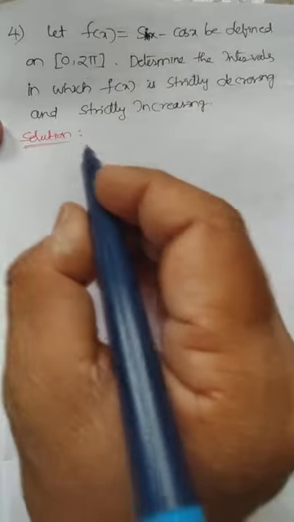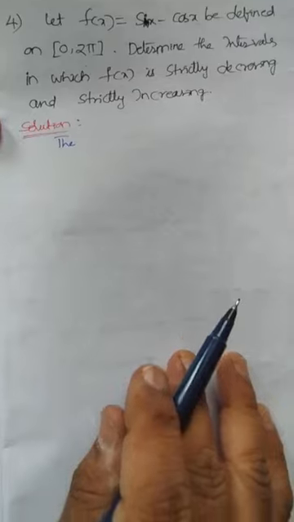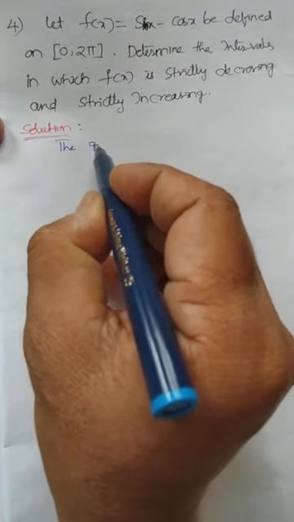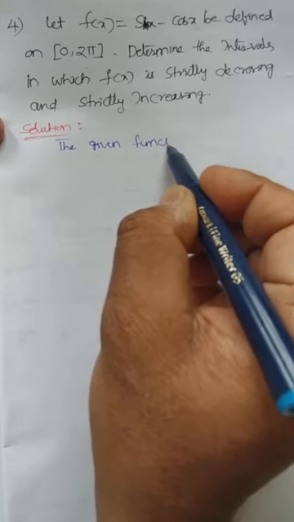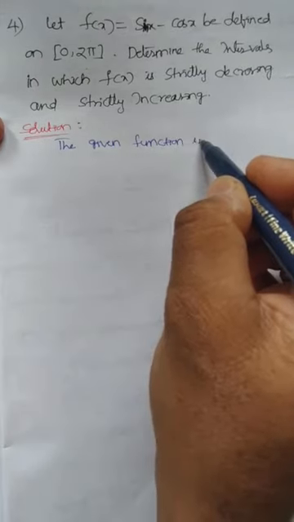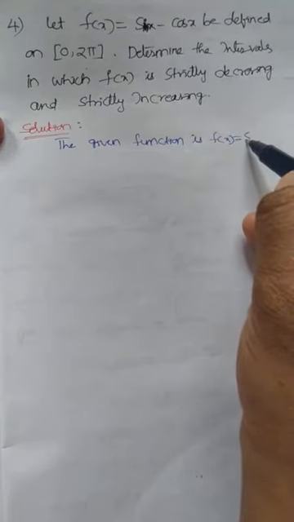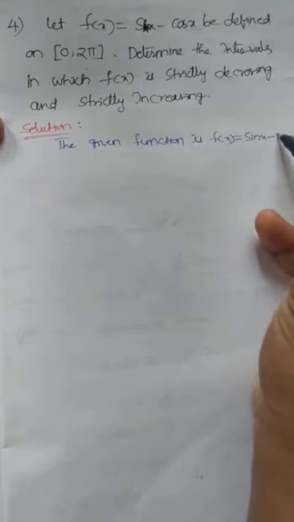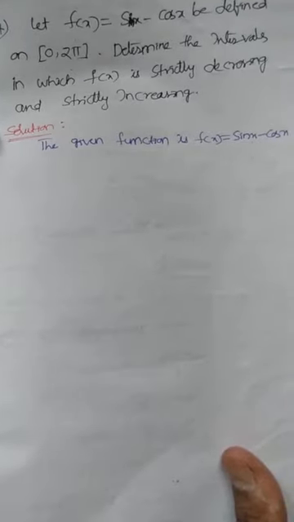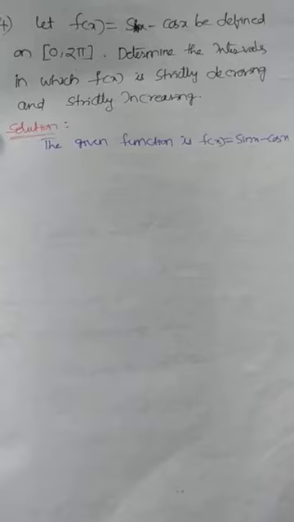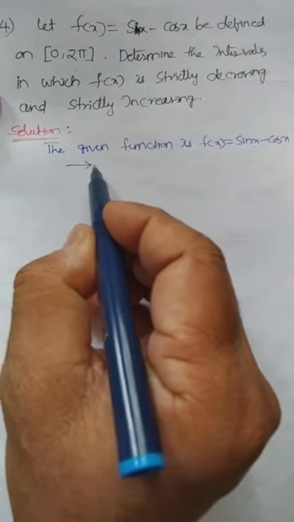Now for that, the given function is f of x equals sin x minus cos x. Now I am finding its derivative, differentiating with respect to x on both sides.